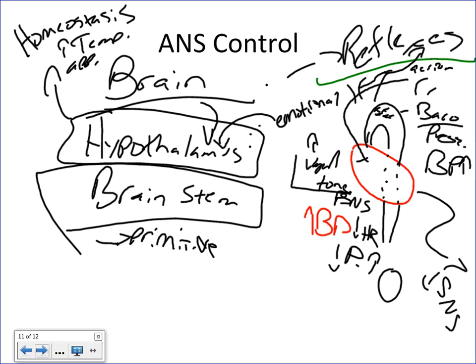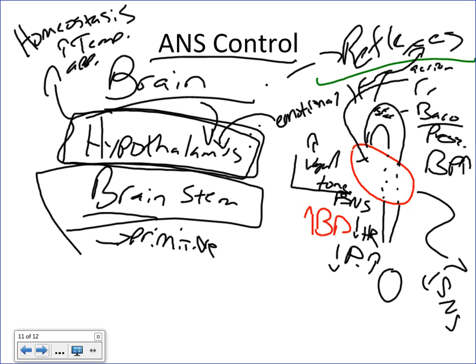That's something to keep in mind. So when it comes to control of this, it's the hypothalamus and the brainstem through reflex activity, and it's not just physiologic stress that can engage the autonomic nervous system. It can be emotional stress as well.